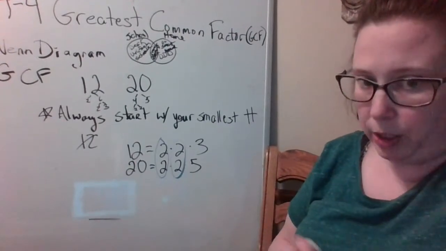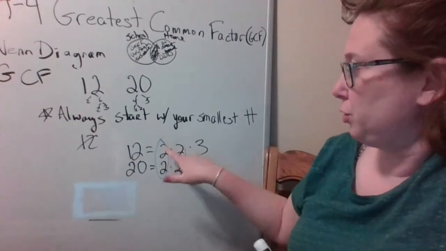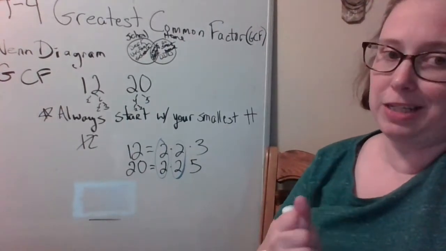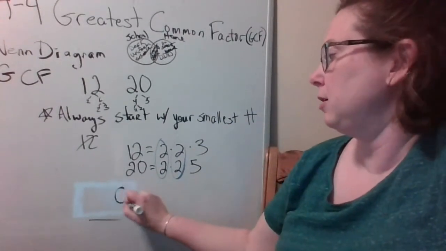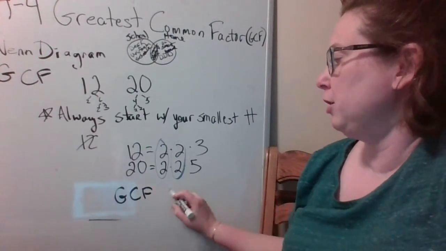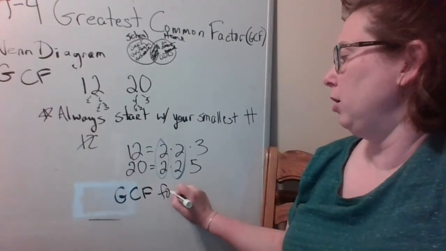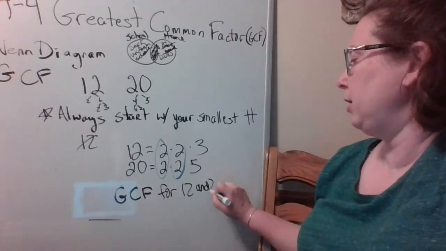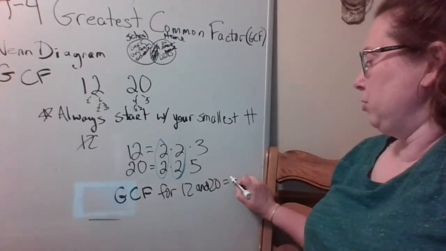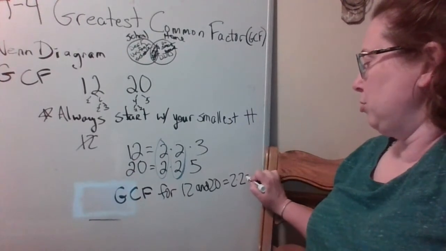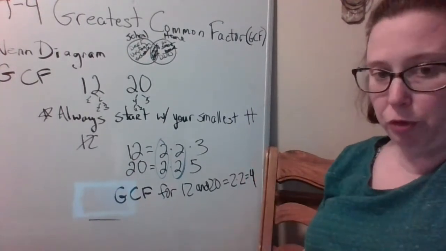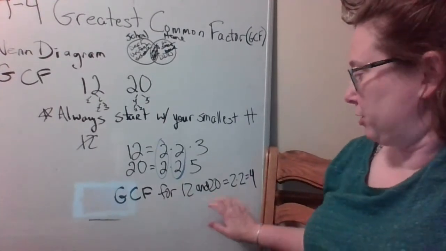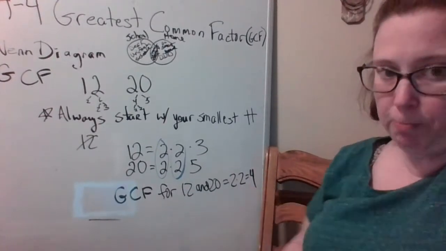So the things that we have circled are 2 times 2. So what that tells us is that our greatest common factor for 12 and 20 equals 2 times 2, which equals 4. So our GCF for 12 and 20 ends up being 4.